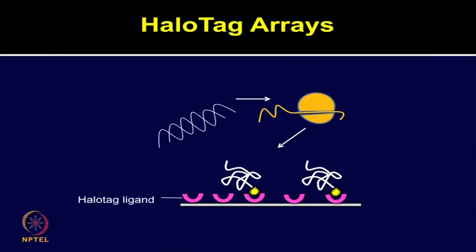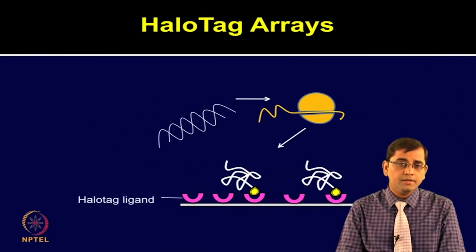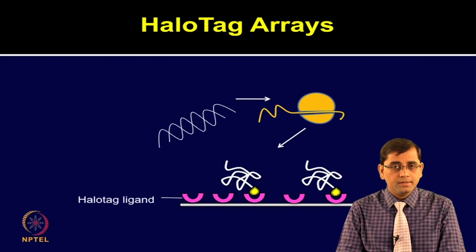In a nutshell, the Halotag fused protein is expressed as can be seen here and covalently captured on PEG coated slide, and activation is performed by using Halotag ligand. This provides very strong covalent interaction and minimizes loss of synthesized protein, which usually occurs in other protein microarray based methods.